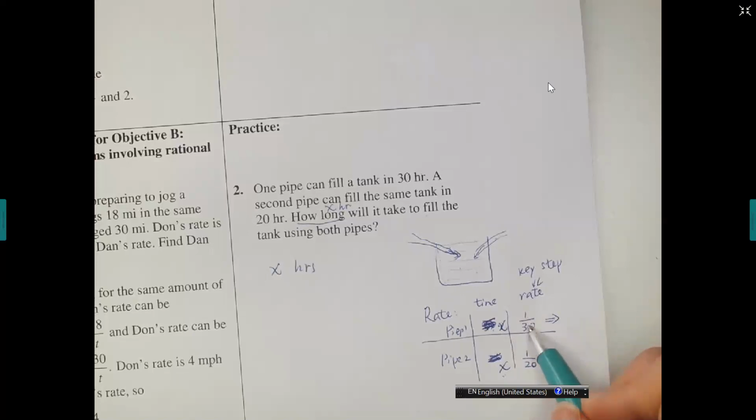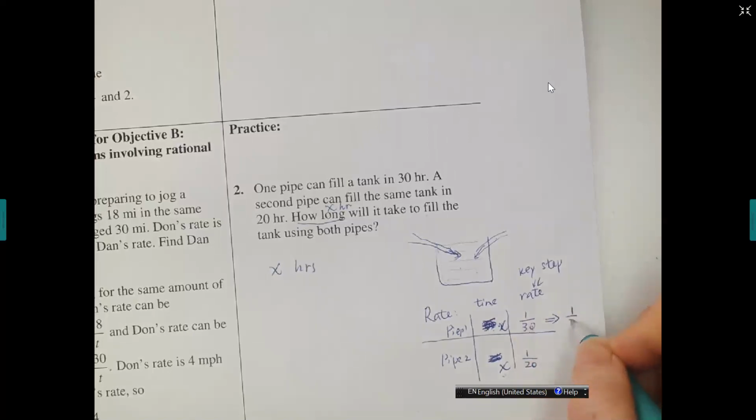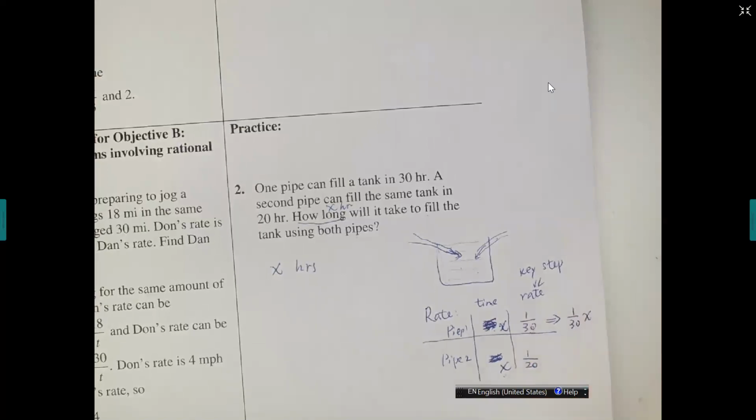In 1 hour, it works as 1/30, and it works X hours. The total job done by pipe 1 will be rate times time. 1 hour, 1/30. It works X hours. So 1/30 times X. That will be the work done by pipe 1.